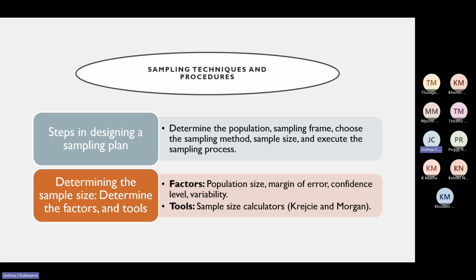One of the factors is your population size, the margin of error, confidence level, and variability. The tool here is a sample size calculator. So population size, margin of error, and all the rest of them, there is also a sampling tool that should assist you. Don't just go and put a figure.